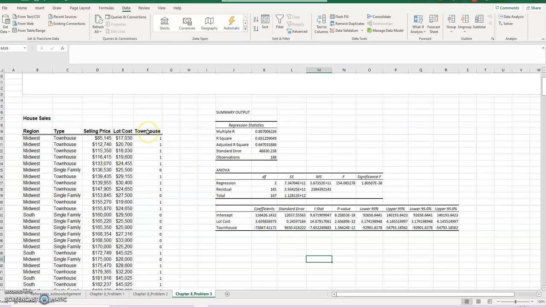So if I had done this, and you can go back and do this if you want, let me make this other point here. If you're building a townhouse, the value of the binary variable would be 1. If you're buying a single family house, it would be 0. So you would not be subtracting any cost off whatever you got from the intercept plus 3.66 times the lot cost.